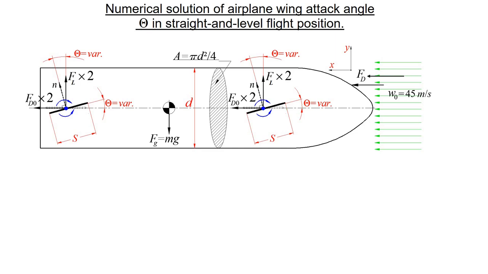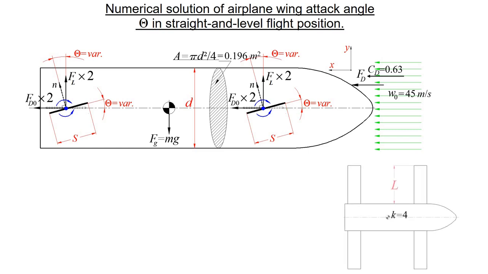Airplane nose drag coefficient value is CD equals 0.63. We see how to calculate a nonlinear shape drag coefficient, which has cross-section area 0.196 square meters. K equals 4, which is the number of wings.